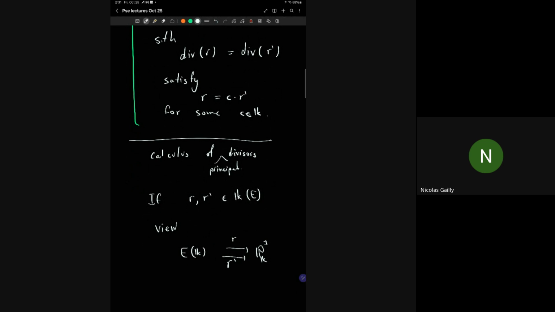In the projective line, I mean, the projective line is just k plus some additional point, infinity.